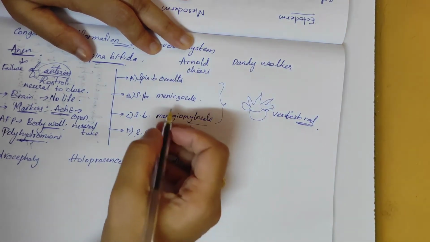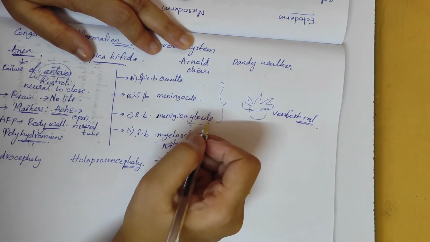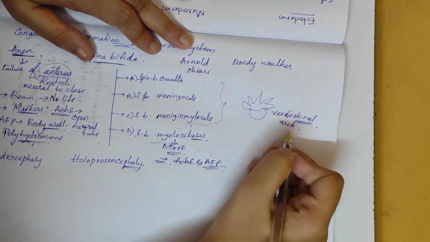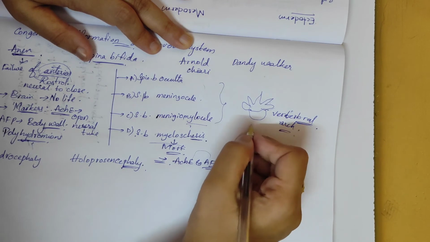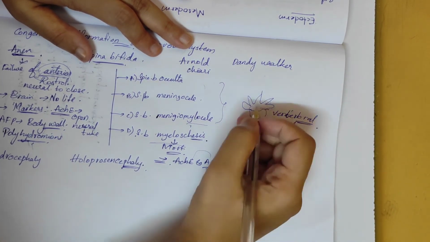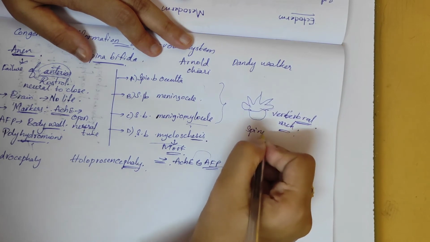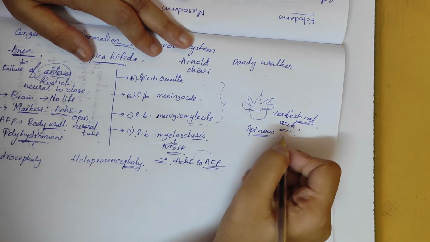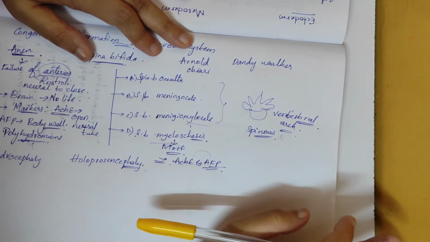But in these 3, what happens is partial formation of the vertebral arch takes place, and these laminae don't fuse properly to form the spinous process. So we can see this spinous process is missing in lumbar regions.